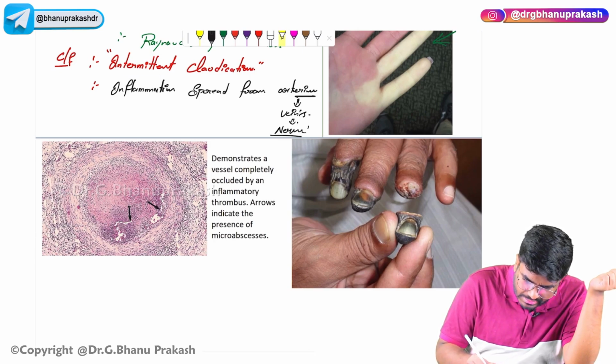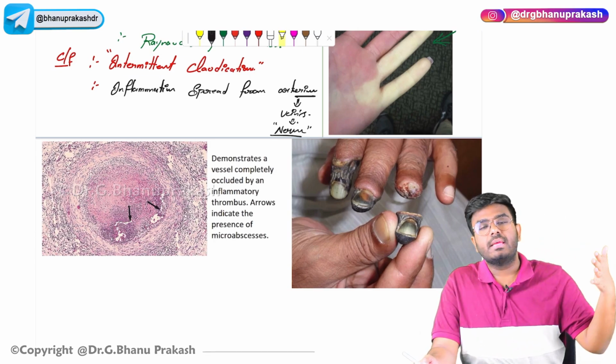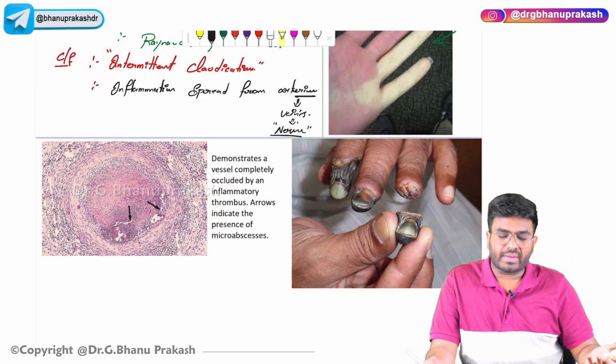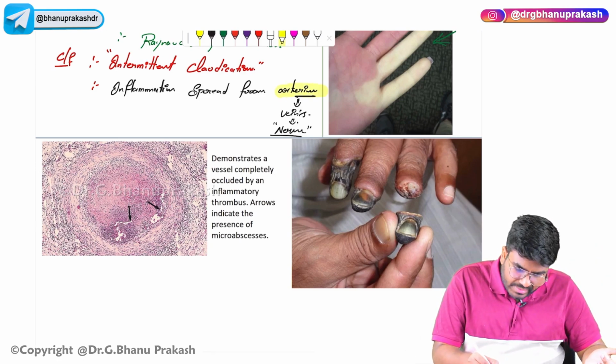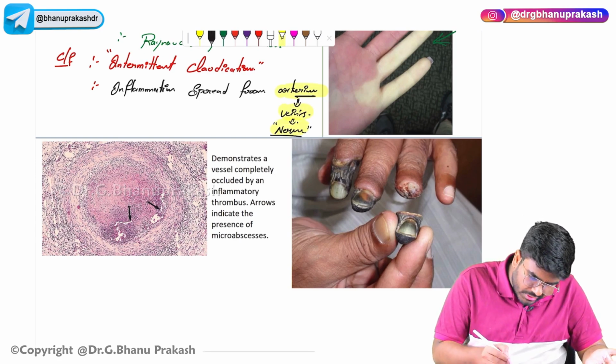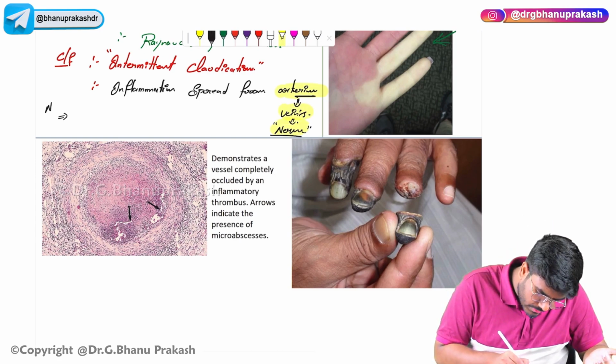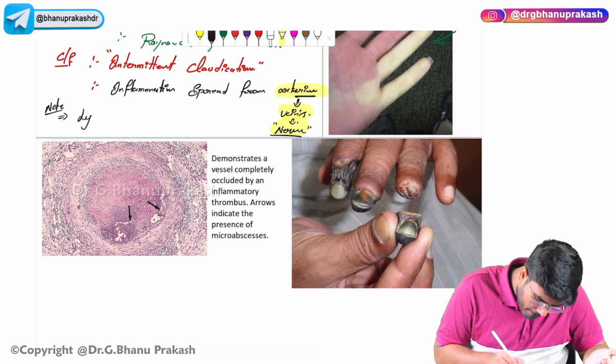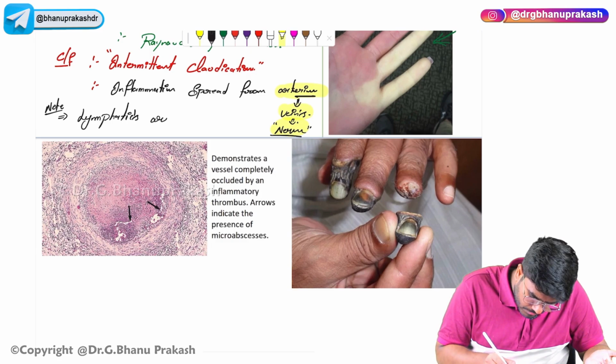So the neurovascular bundle will be affected: arteries, veins, and nerves. But an MCQ point which is very, very important: note that the lymphatics are not involved.